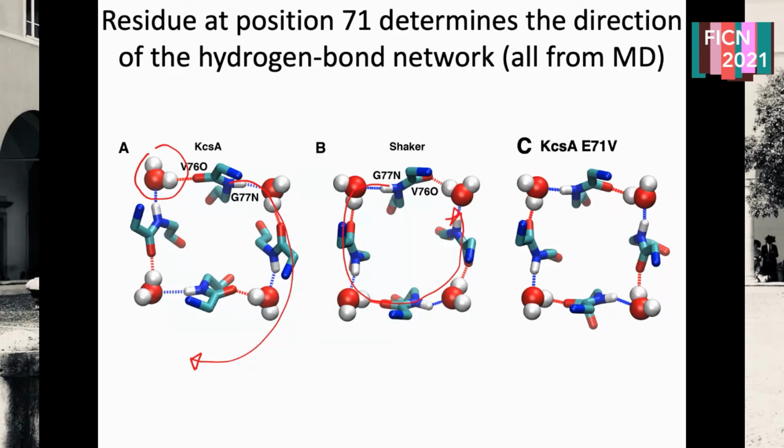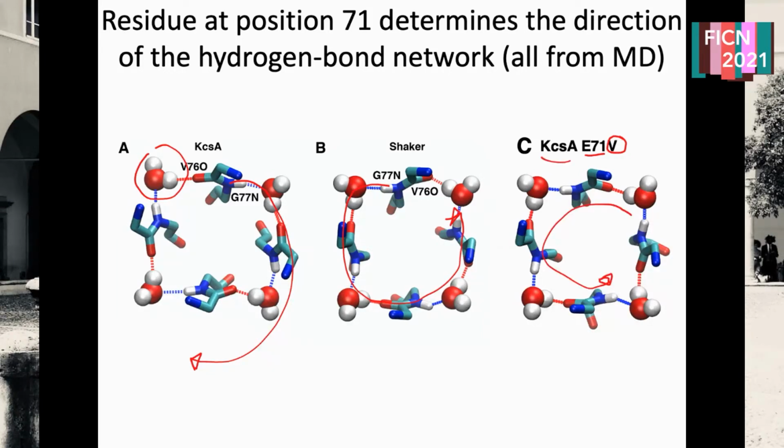And the most immediate residue in the neighborhood of this water is the glutamic acid 71 in KcsA, which is a valine in Shaker. And it's a valine also in Kv1.2. In most voltage gated channels, it is a valine, but in KcsA, it's a glutamic acid. If you put a valine there, you can revert this and make it Shaker-like in KcsA.